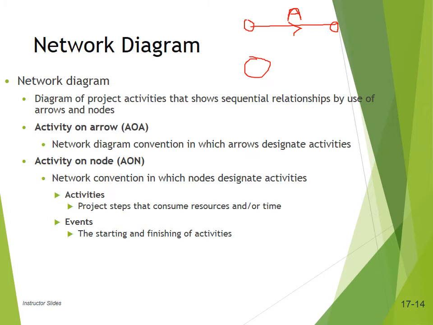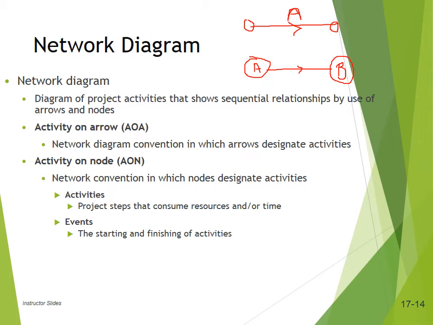So this node is activity A, and we have another activity B, and they are linked with one another. So activity B can be started only after activity A is completed.